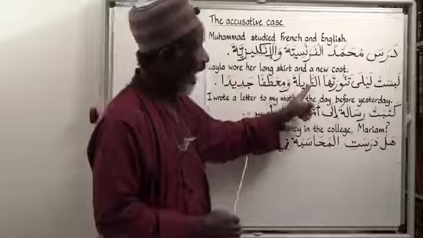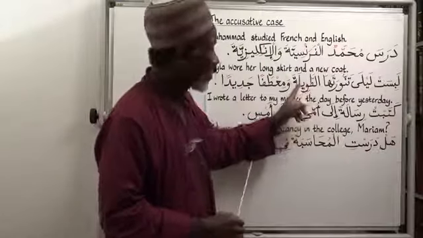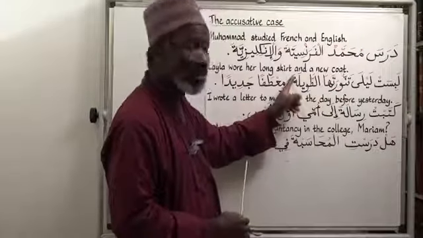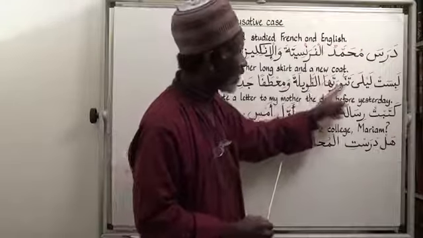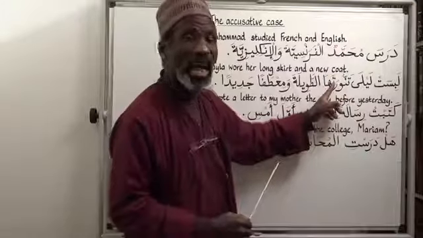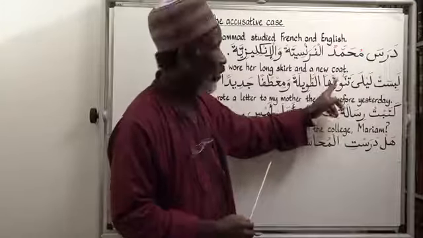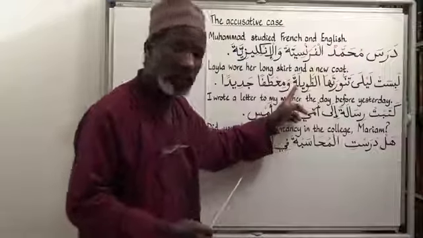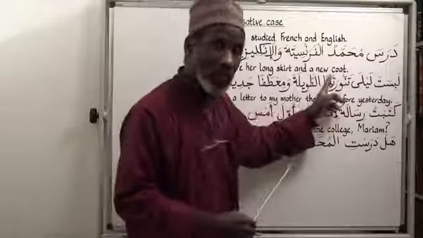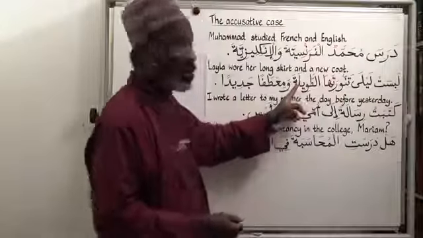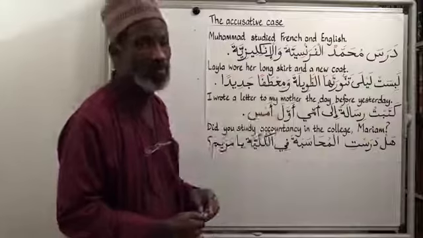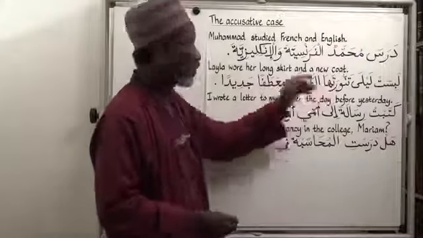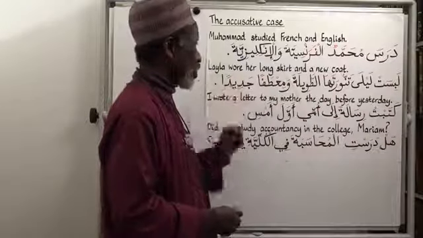Tawilata is an adjective describing the skirt. That's why it's carrying fatha, because it has to be the same as the noun it describes. So the skirt is feminine, tawilata is feminine, and the skirt is carrying fatha because it's an object, therefore the adjective is also carrying fatha. وَمِعْطَفًا, again that's following the same pattern. وَمِعْطَفًا جَدِيدًا.